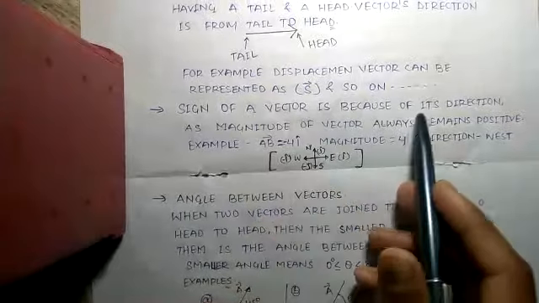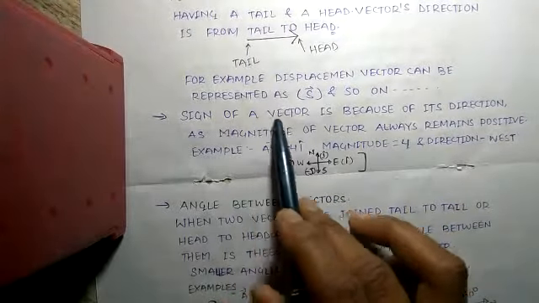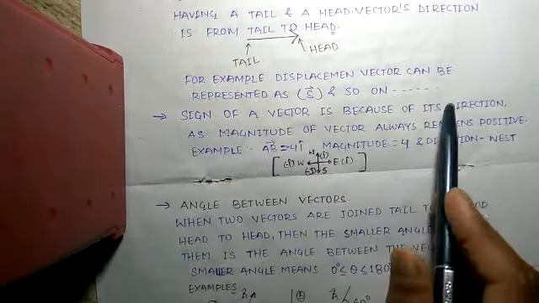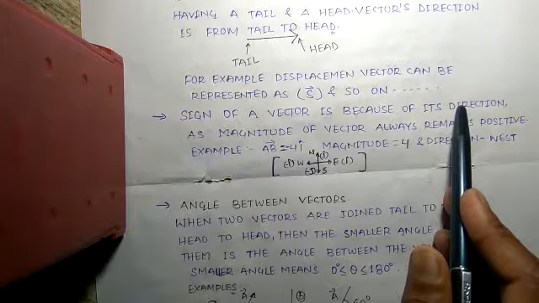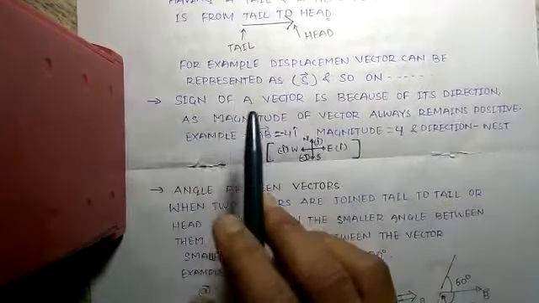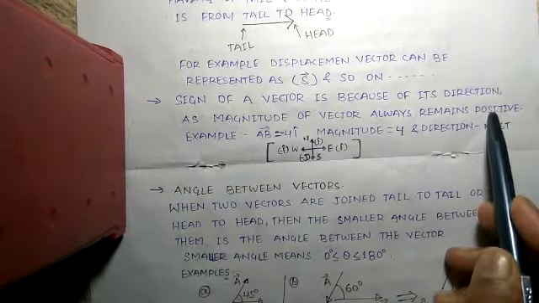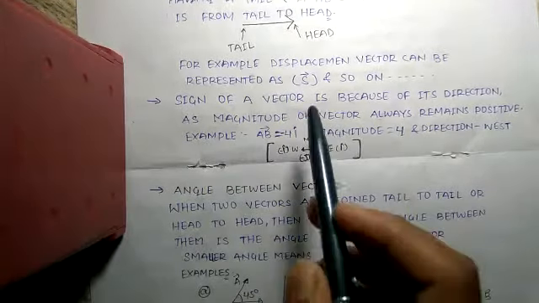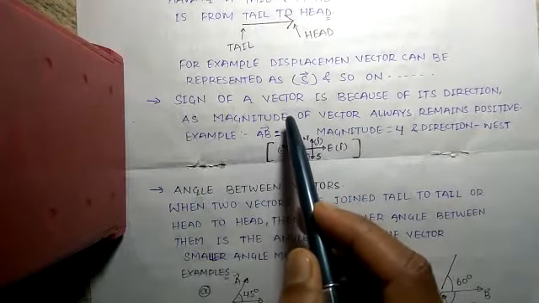The sign of a vector is because of its direction. Here it is a very important line: the sign of a vector is because of its direction. That is because of its vectorial nature, not because of its magnitude, because the magnitude of every vector always remains positive. It is because of the direction that any vector bears a negative or positive sign.